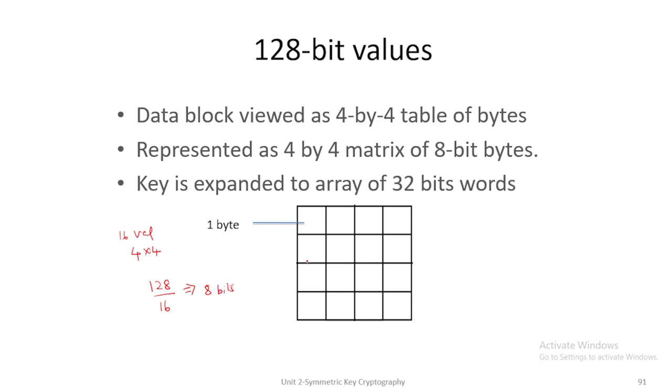So this is 8-bit, this is 8-bit, this is 8-bit, this is 8-bit. If you combine continuous 8-bit values, we get a 32-bit value. So each box contains an 8-bit value. Either the value will be stored in column order, otherwise it is stored in row order. Here I am explaining the concept in column order.